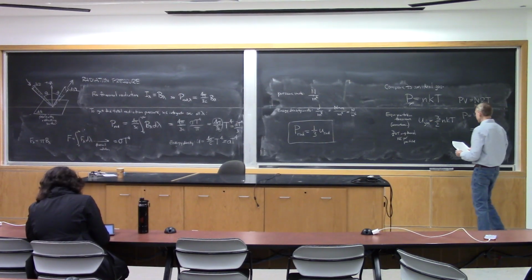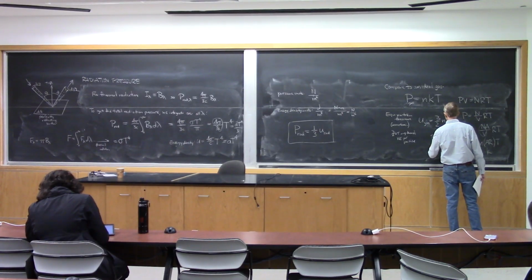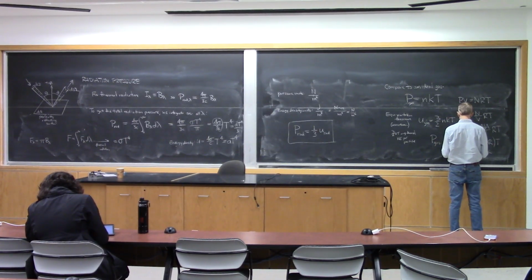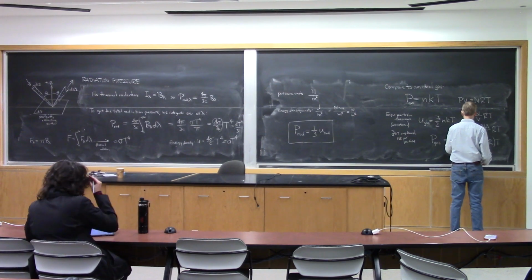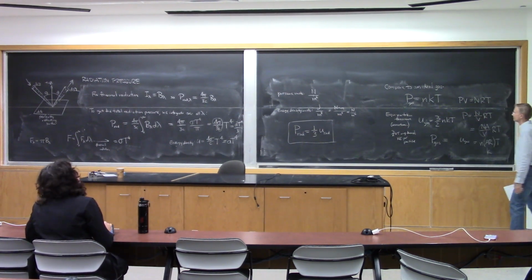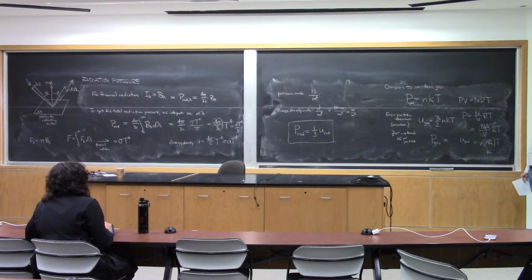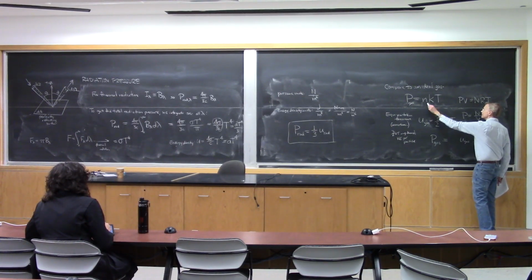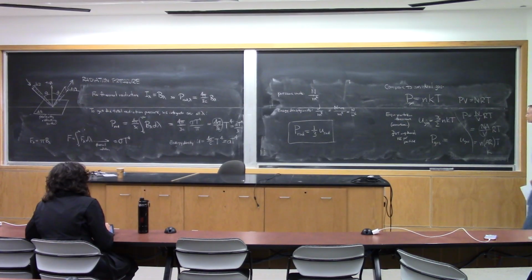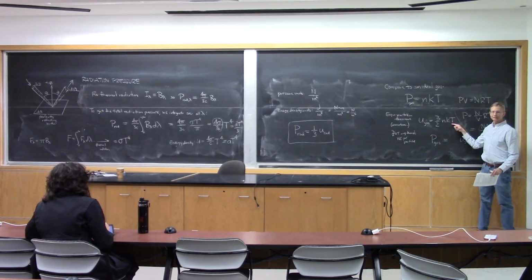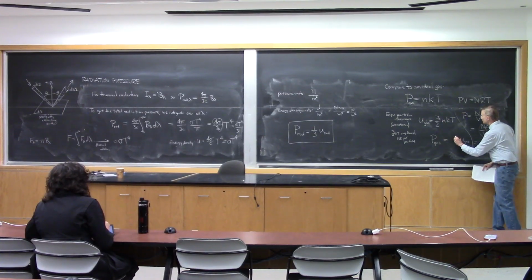And so, therefore, for an ideal gas, how are the pressure and energy density related? Look, they both have nkT, right? So P gas is what times U gas for our ideal gas here? Well, they both have n, so we've got nkT, nkT. So U gas is 3/2 of what P gas is, or in other words, P gas is 2/3 of what U gas is.